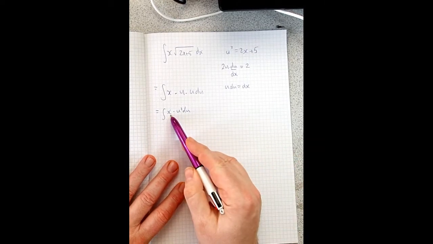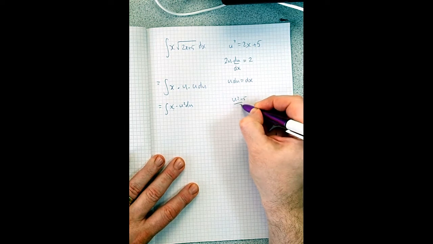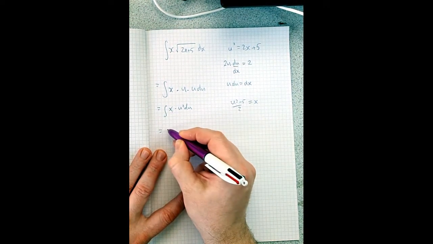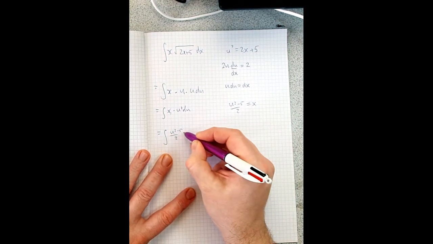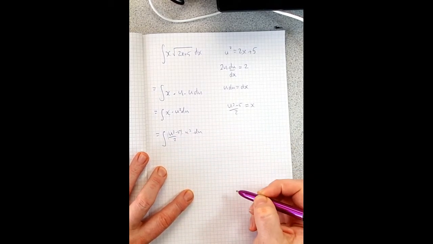I need to get rid of this x, so I use my original expression. So u squared minus 5 over 2 is x. So this will give me u squared minus 5 over 2 times u squared du.